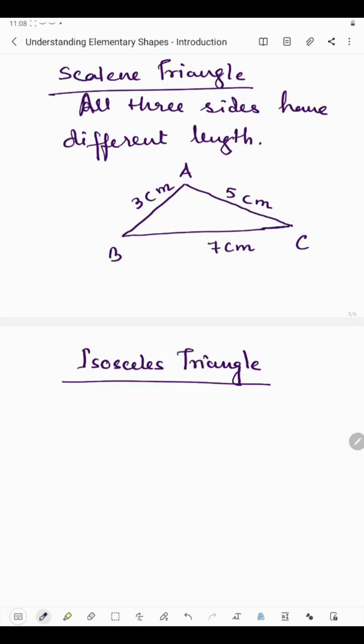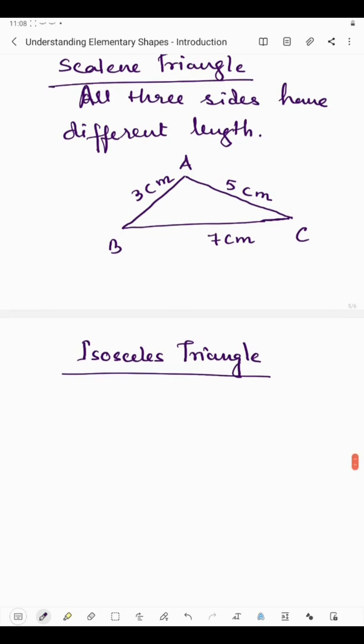Now next we have the isosceles triangle. An isosceles triangle is a triangle in which two sides are of equal length.